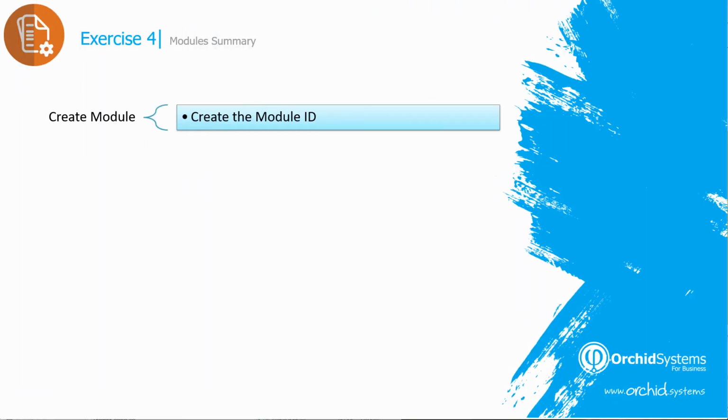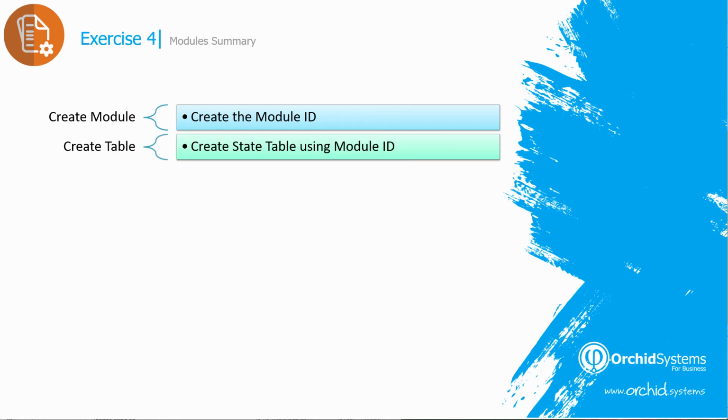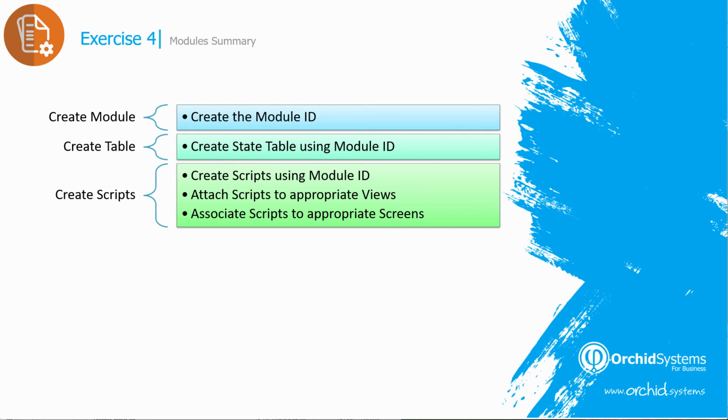We have seen how to create a module ID and then associate that module ID with your tables, with your scripts, and when you attach your scripts to views or associate scripts to screens. If it's got the same module ID in, then it's considered part of that module.